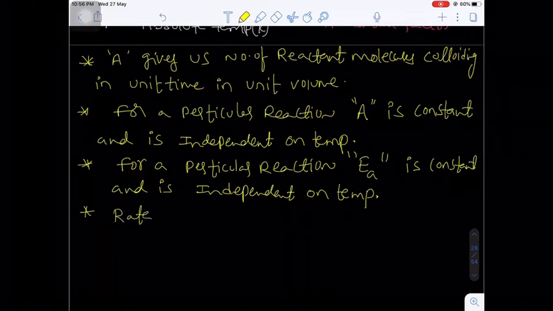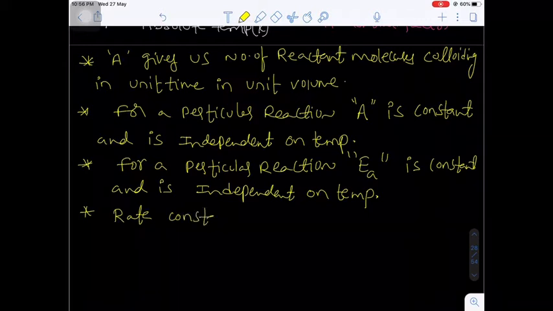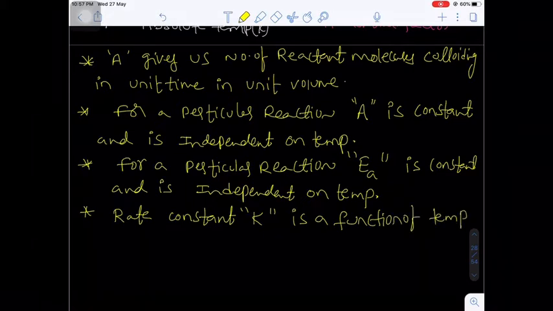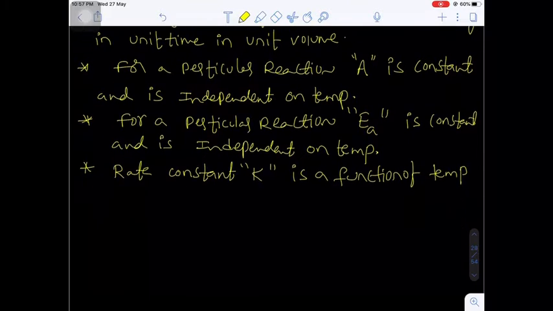Okay, now the important thing is the rate constant K is a function of temperature. This is very important. K, that is the rate constant, is a function of temperature. Generally, as the temperature increases, the rate constant of a reaction also increases.